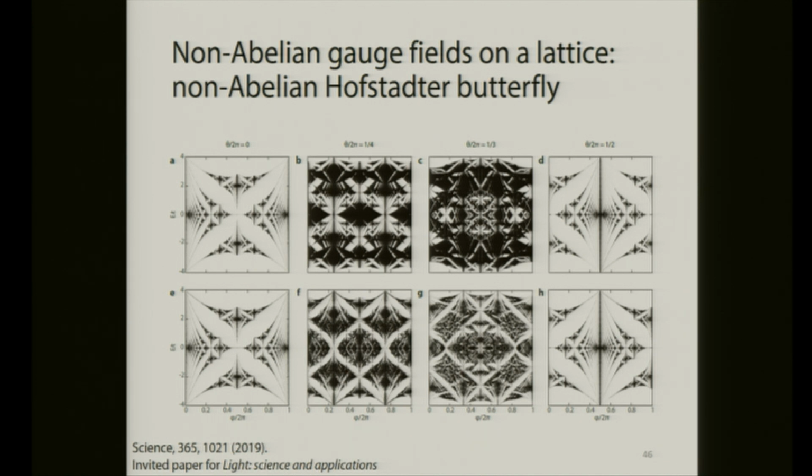And you can find that when the system reduces to Abelian, for example, rightmost and leftmost, the spectrum reduces to the butterfly. But if they're not Abelian, you get very complex, revised Hofstadter patterns.